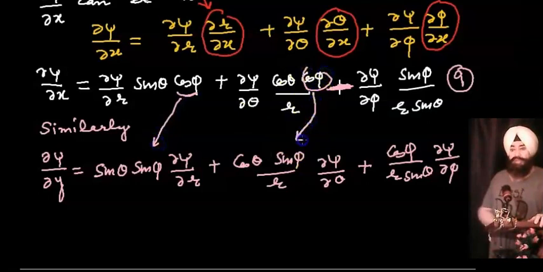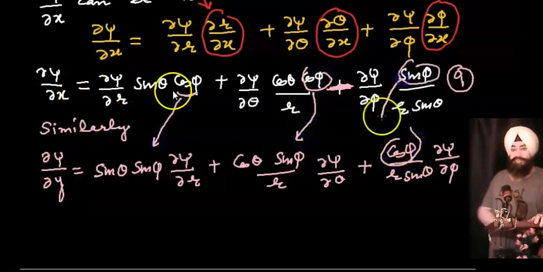Now one thing is clear. How to remember in the exam? Instead of cos phi, here sin phi. Instead of cos phi, here is again sin phi. Here sin phi, but cos phi. The minus sign is now a plus sign here. You remember it like this for writing in an exam. Otherwise, you can derive it yourself.